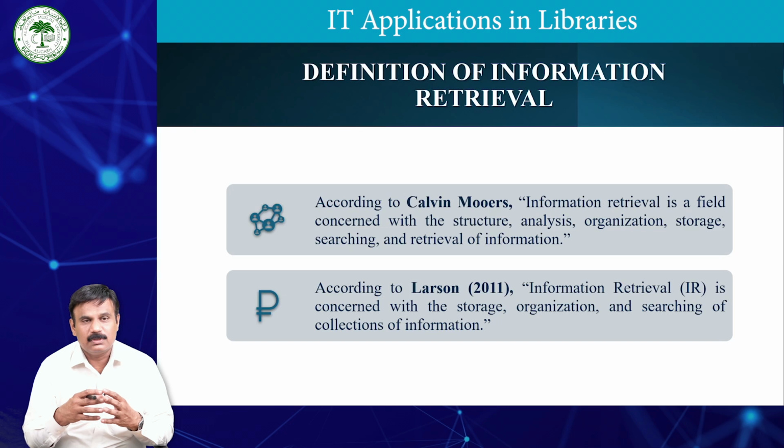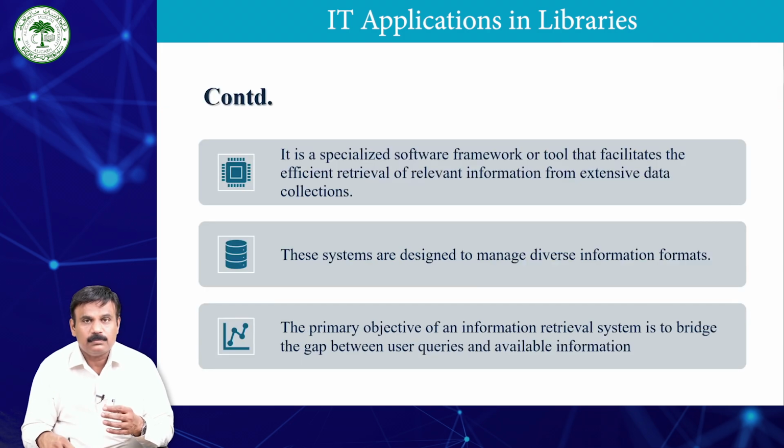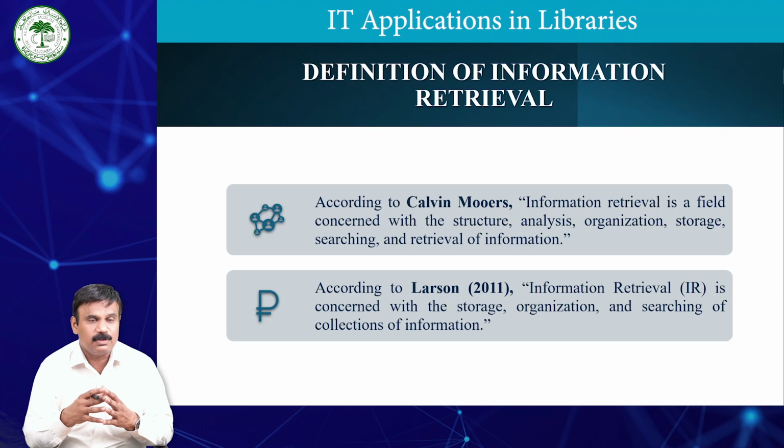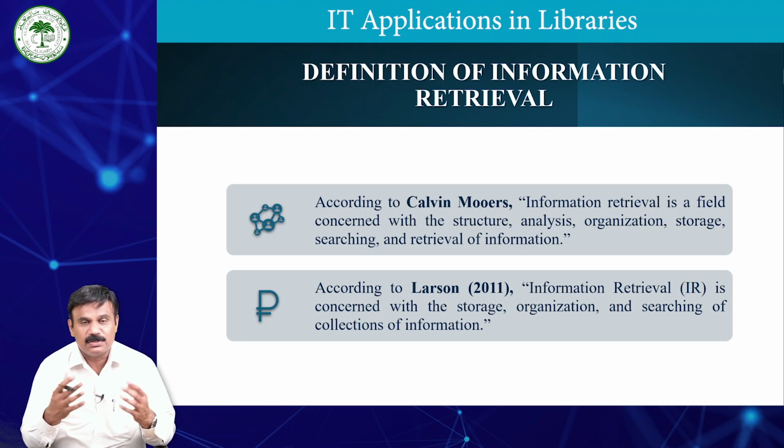If we want to discuss the definition of information retrieval system, I can share two definitions. One definition, obviously, was given by Calvin Mooers, who coined the term. Quote, information retrieval is a field concerned with the structure, analysis, organization, storage, searching, and retrieval of information.